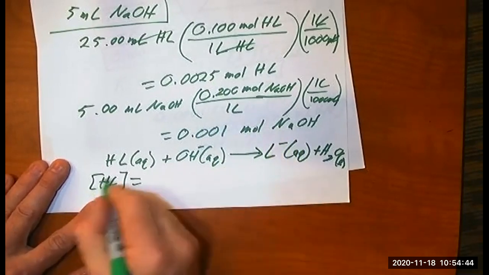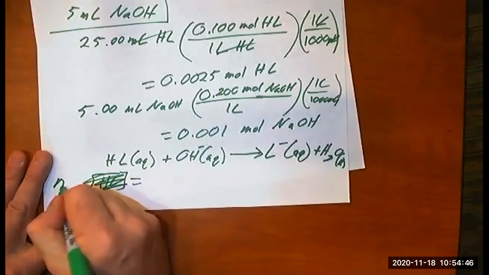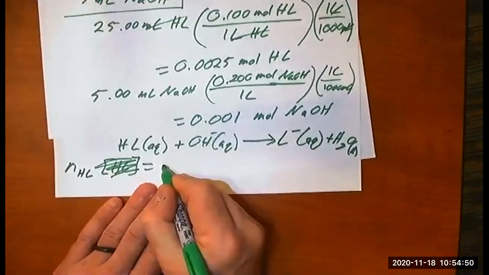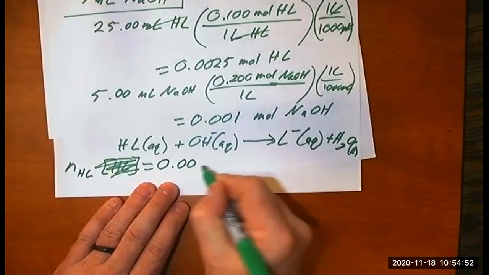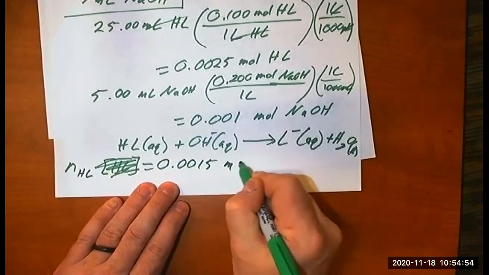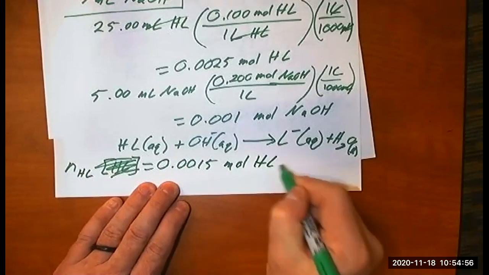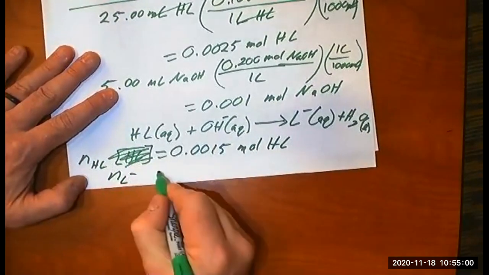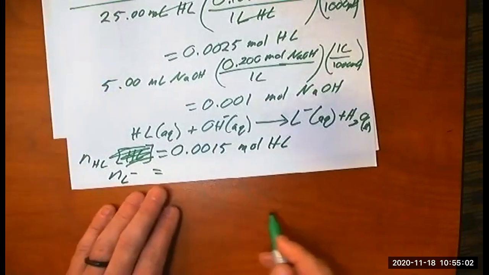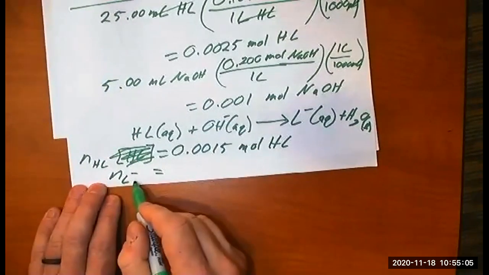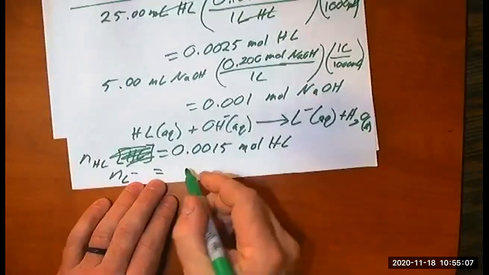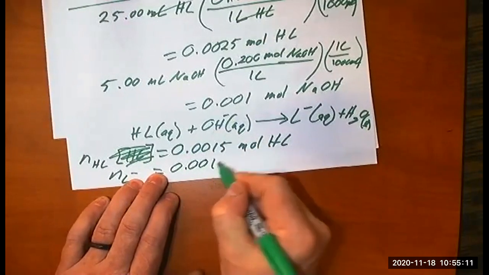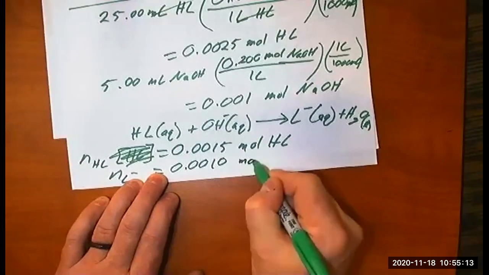I'm sorry, this is not concentration, this is number of moles of lactic acid: 0.0015 moles HL. And our number of moles of the lactate ion, which is the conjugate base of lactic acid, is going to be 0.001 moles.